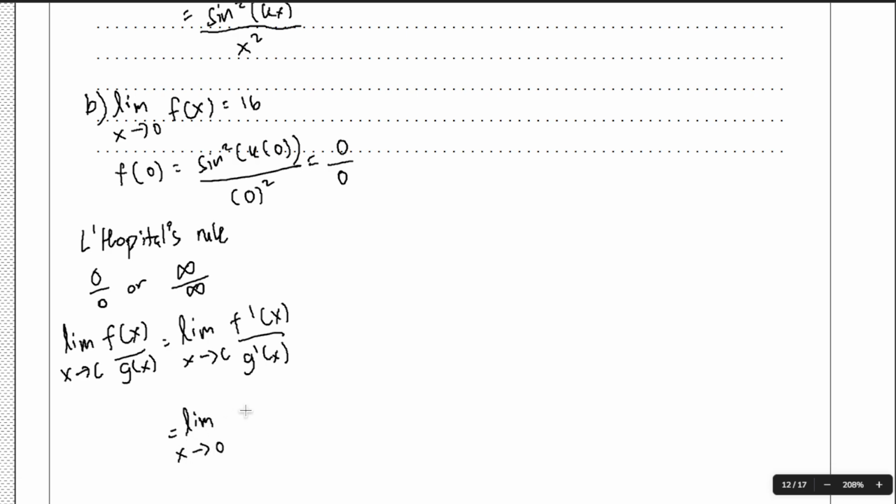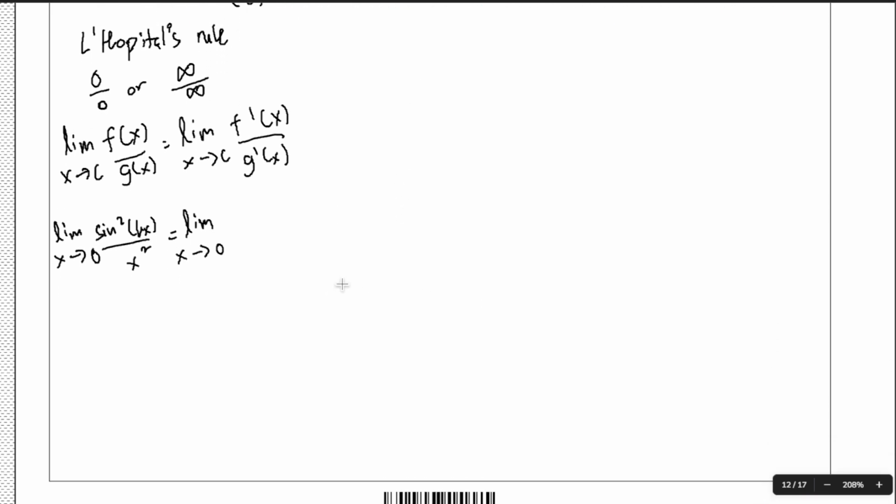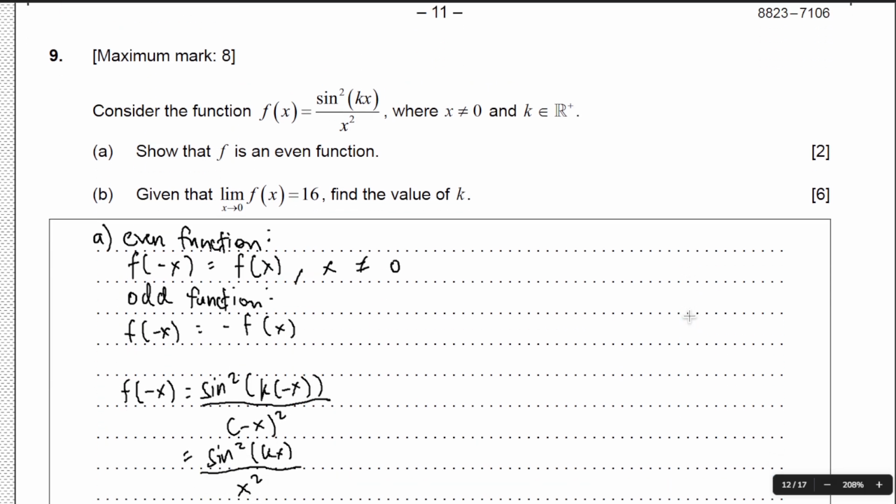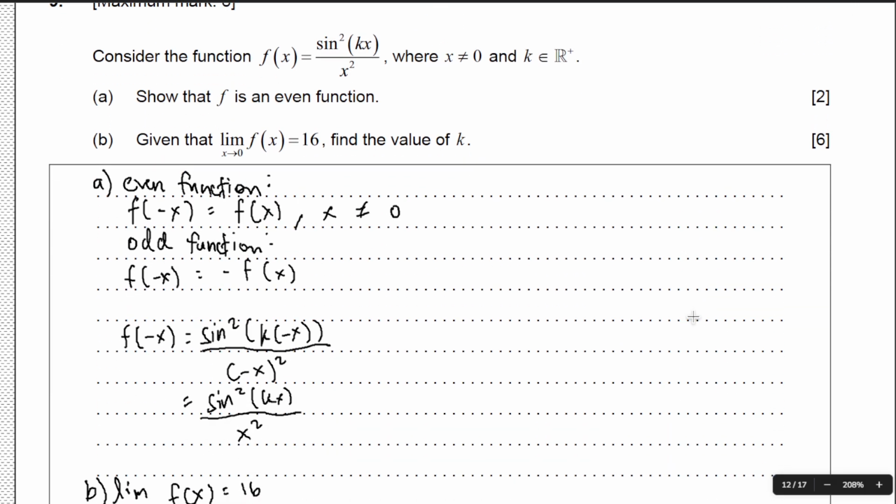So here we would have the limit as x goes to 0. Sine squared kx over x squared, so we can start with the product rule here to find ourselves our value of f dash of x.